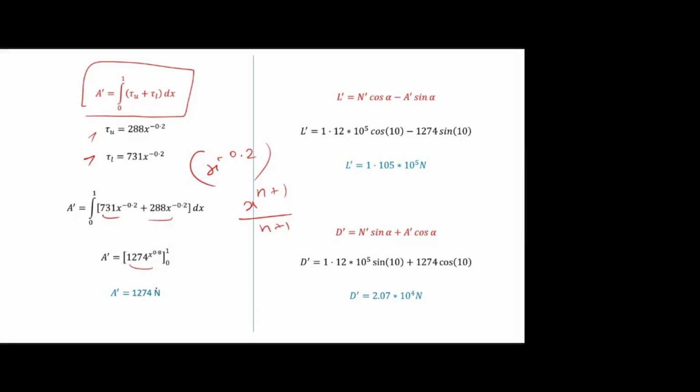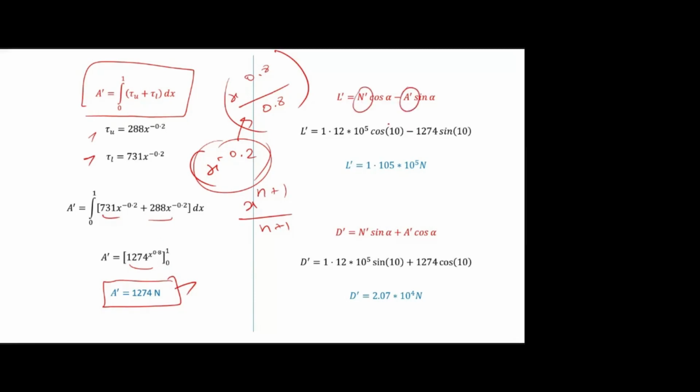If you integrate, I think you will get x power 0.8 divided by 0.8, right? Then substitute the x value, apply the limits, and you will get A dash is equal to 1274 Newton. So once you know n dash and A dash, substitute here, and we know the angle of attack is 10 degree. You will get lift, also drag.